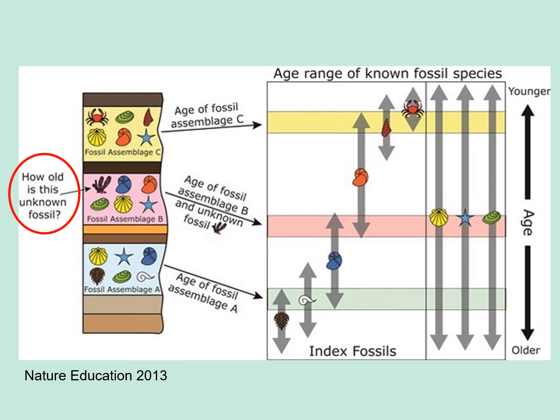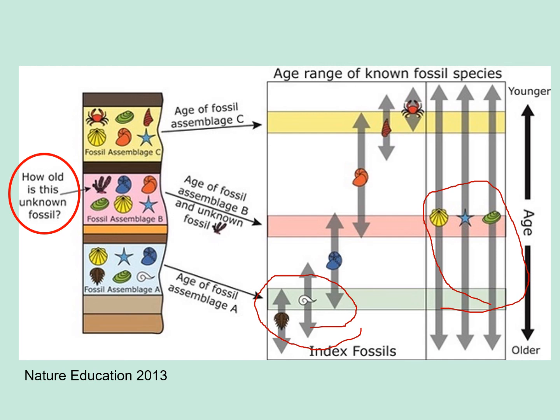Here's an illustration. What this shows you is that some fossils, like these over here, are not good time markers because these types of organisms lived for a long period of time. However, some only lived for a relatively brief period of time, and where those overlap, then you could say that's the age, if you have some other way of dating it, that's the age at which these animals lived.